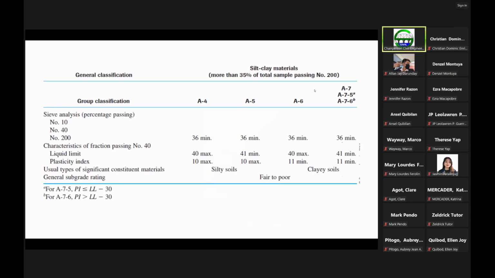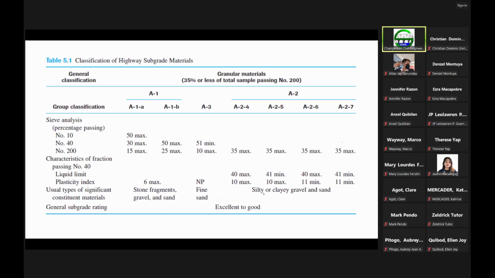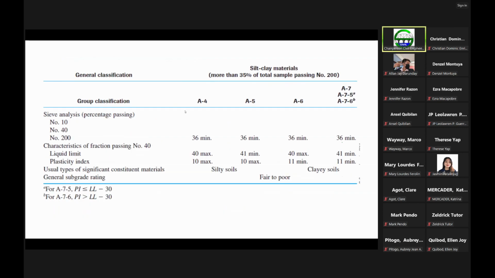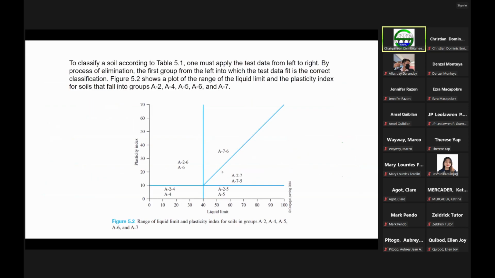Take note, you have here the liquid limit and the PI, as well as the A-4 to A-7, with their corresponding values of the liquid limit and the PI. So if we plot them in this graph of the liquid limit against the plasticity index, then this is where they belong.